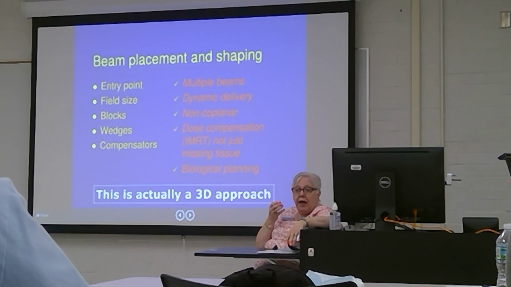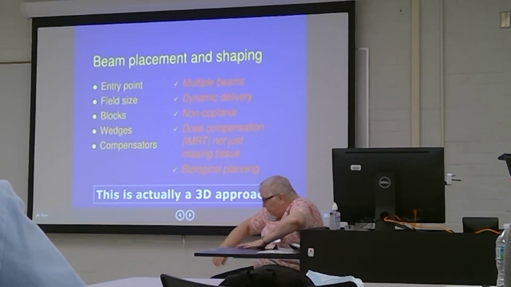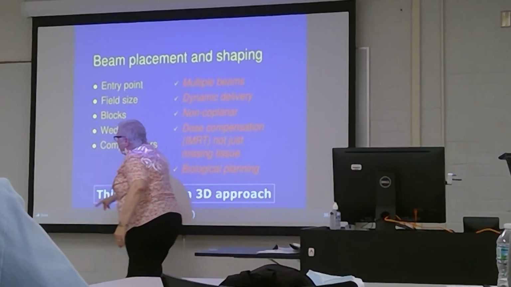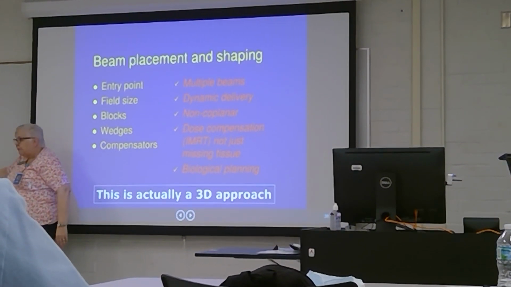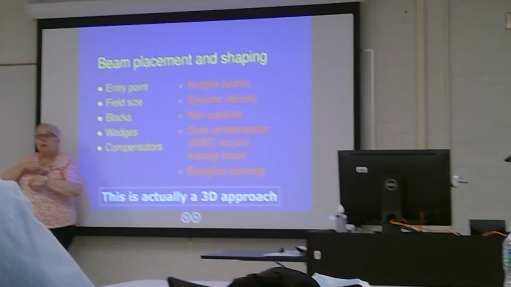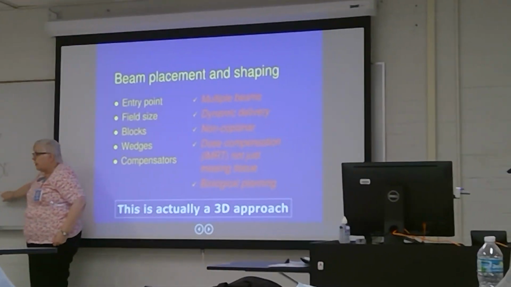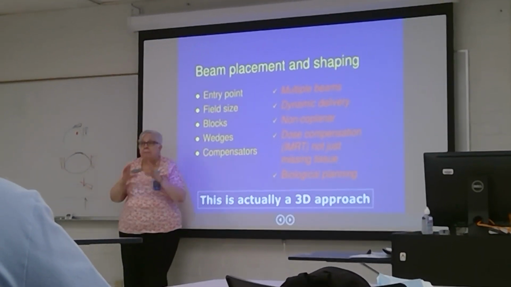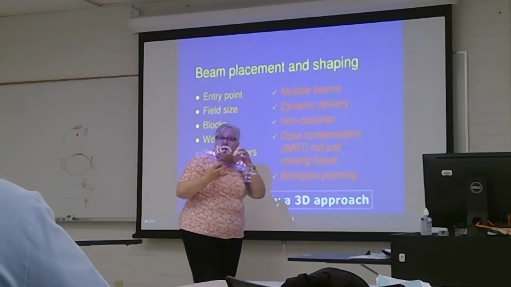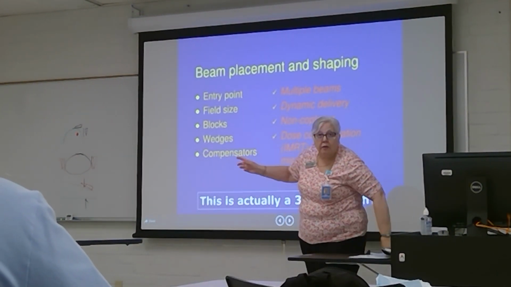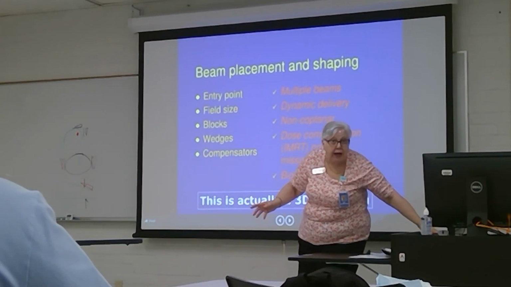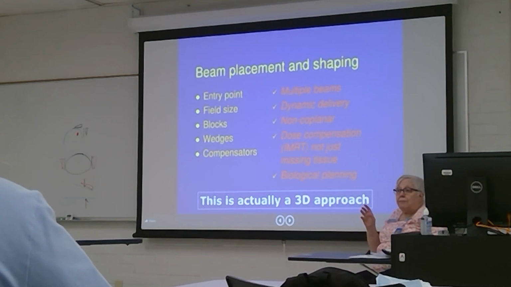So if we have a field like this, for example, we can do a VMAT through the chest and not have to worry about putting a wedge in, because the IMRT plan will substitute for that. And that's the beauty sometimes of an IMRT plan.